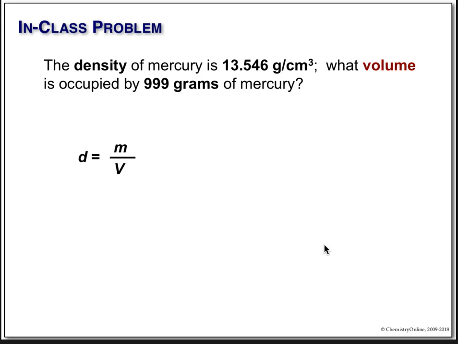Simple way is to take the definition, mass divided by volume. Here we're looking for volume, so we have to solve for V, and we get that.